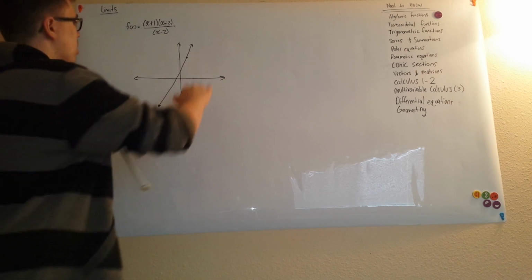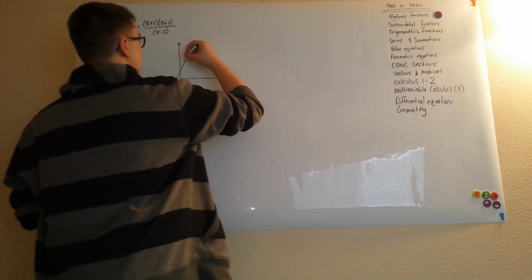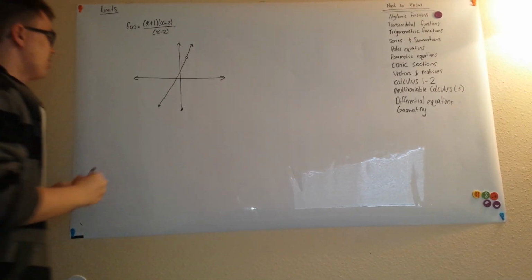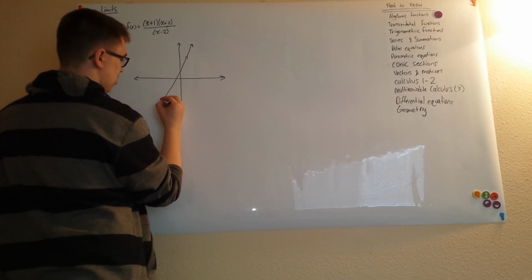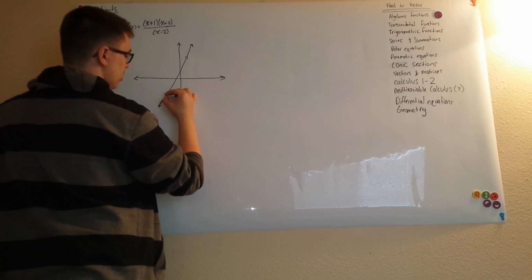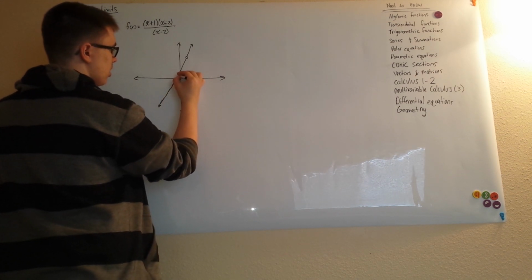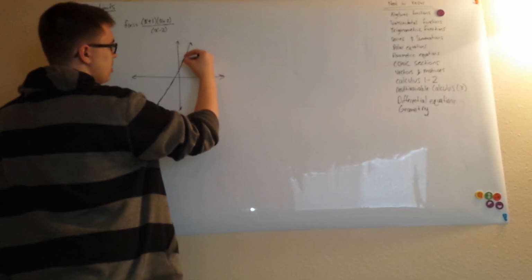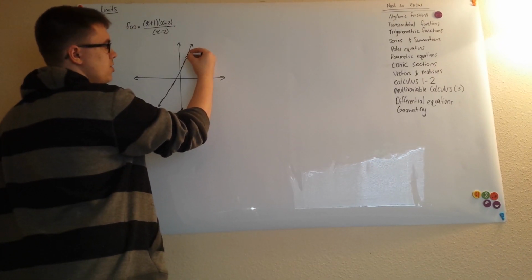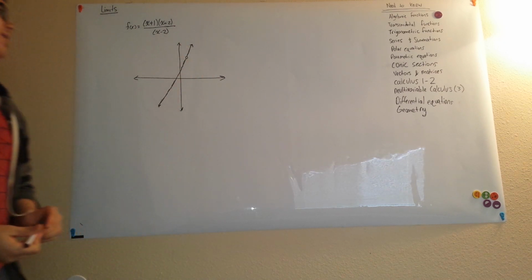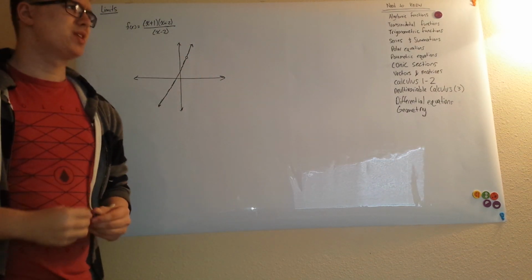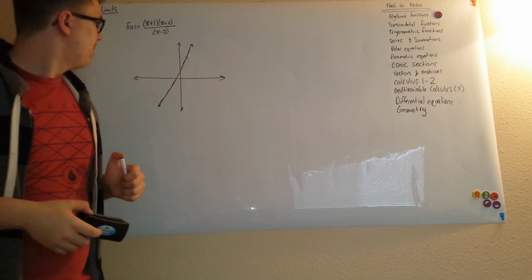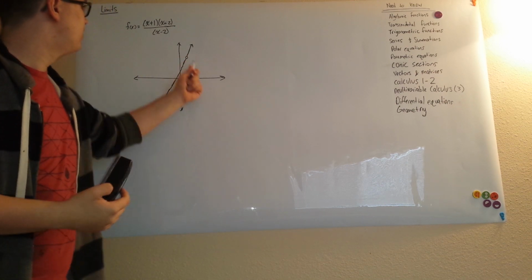Let me fix this just a little bit. There, I can see it. So now you trace along the graph, and it's just a line. And as soon as you get to this part, you have to jump to this part. That's an issue. That's a hole. That's what we call a hole.